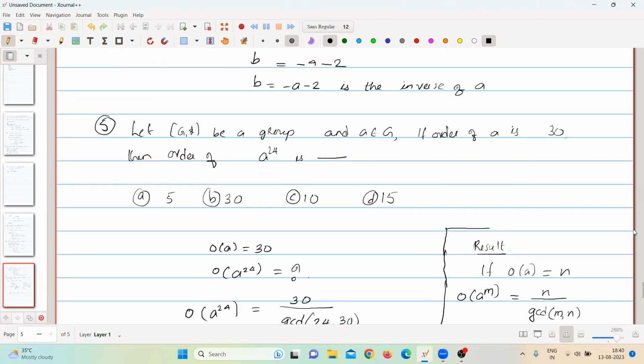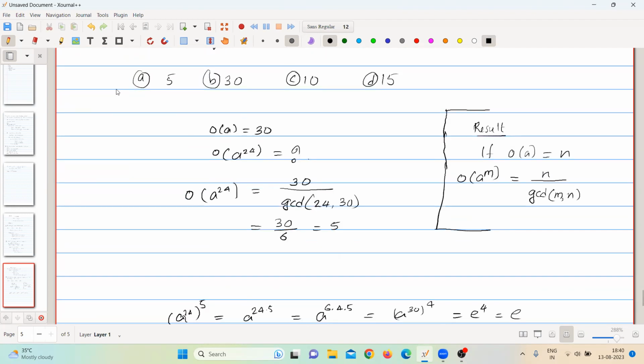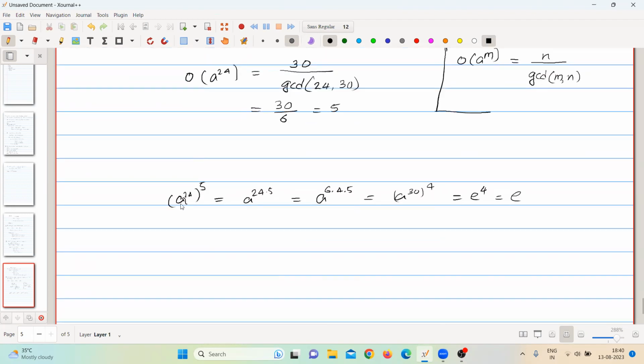Out of all the 4 options, 5 is the minimum value such that a power 24 power 5 equals identity. So using the options also, we can say it is the order.